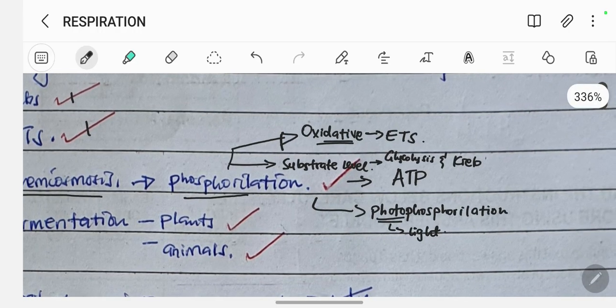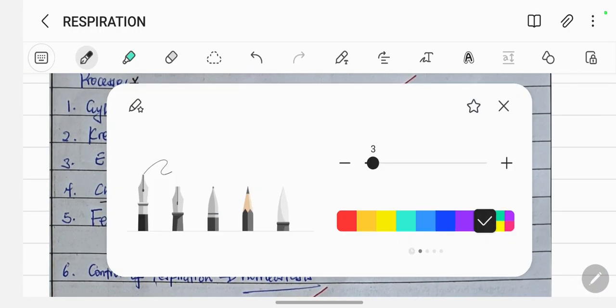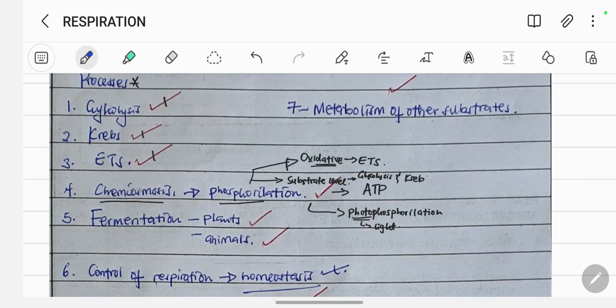So those are the kinds of phosphorylations we have. There are three: photo, oxidative phosphorylation, substrate level. But for today, we shall focus mainly on oxidative and substrate level.